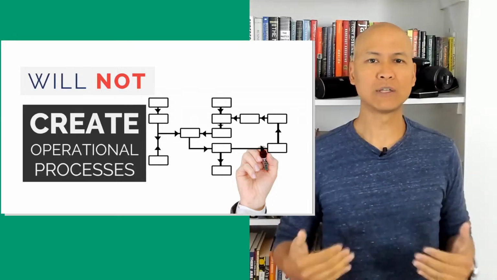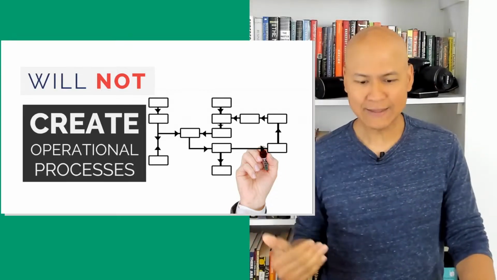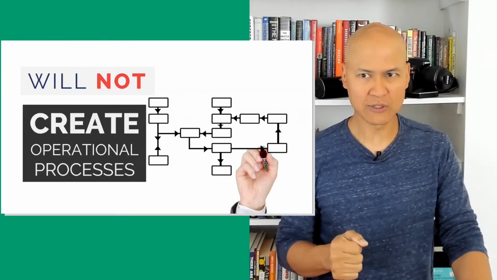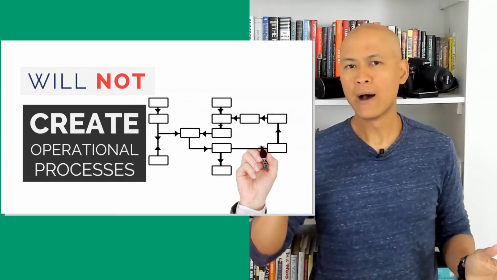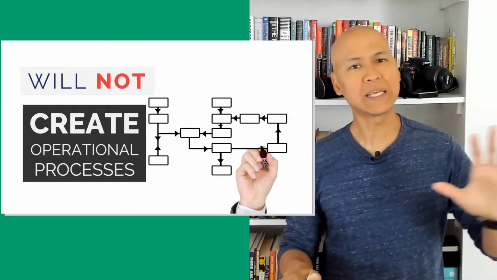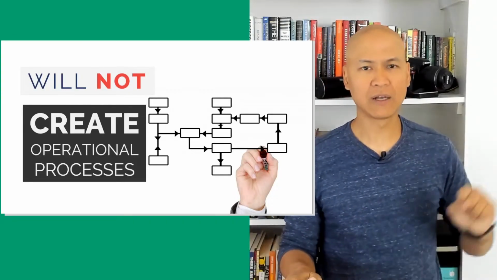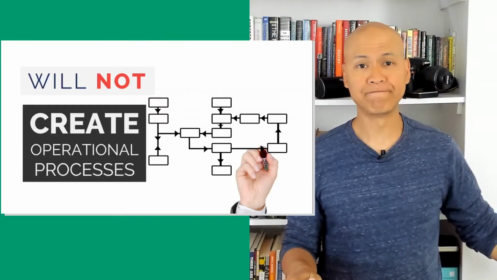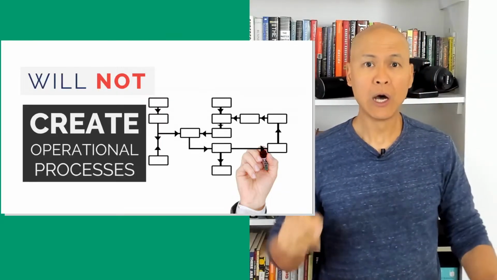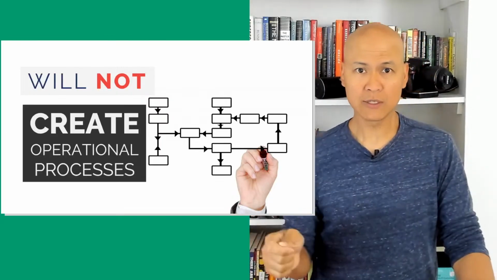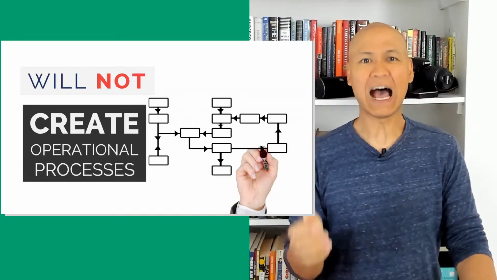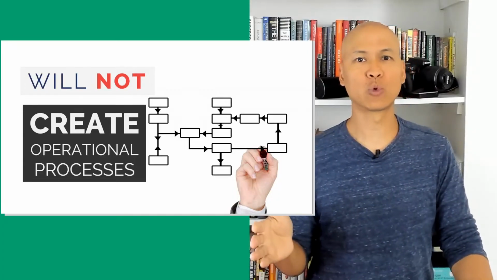So my responsibilities dictate my operational processes. In larger organizations where I'm taking care of the database, somebody else is taking care of the hardware, somebody else is taking care of VMware or my hypervisor, those responsibilities dictate how my operational processes would look.